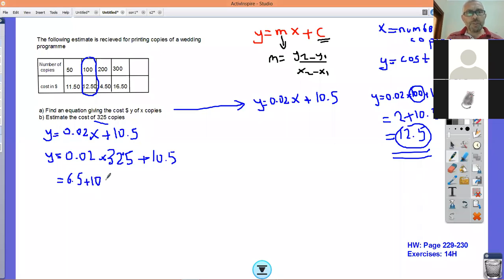Remember, 10.5 was what we pay if zero printing, like an advance. Now the result: 6.5 plus 10.5 is 17.